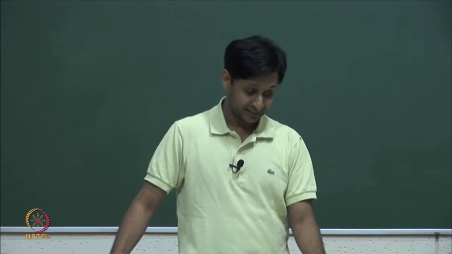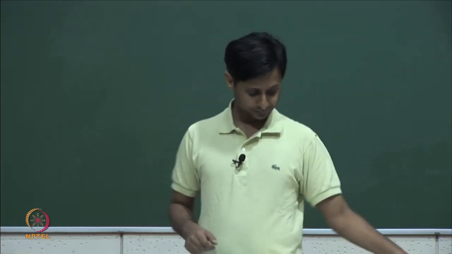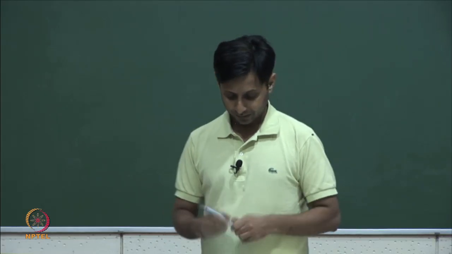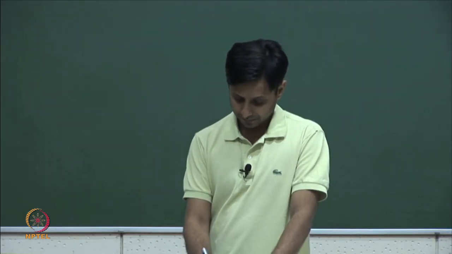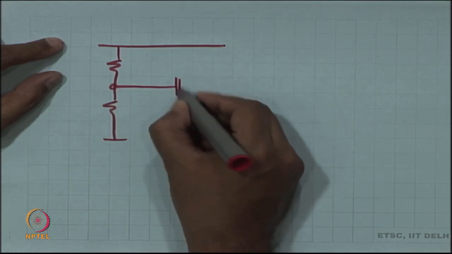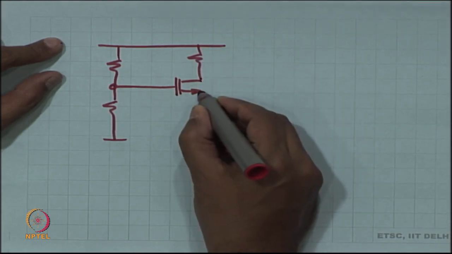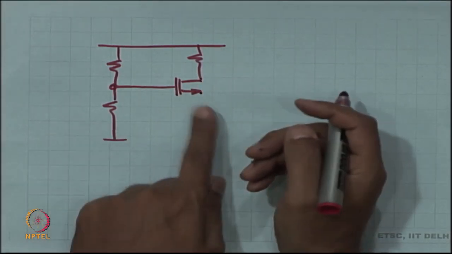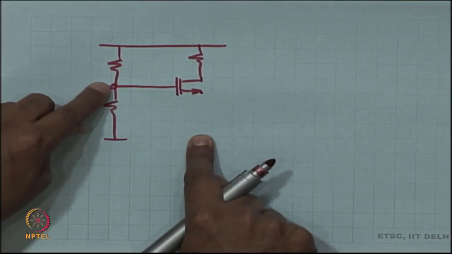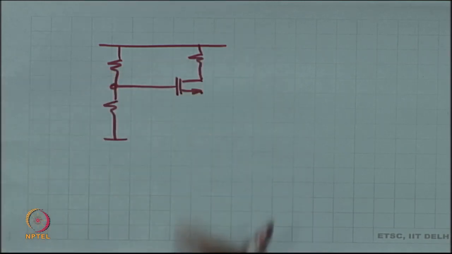By the way, in that case also we were eventually doing that, right. So initially what we did was we had the source grounded, right, that created a VGS, R1, R2 and VGS, that created a bias current.